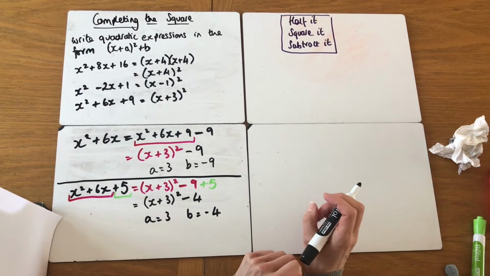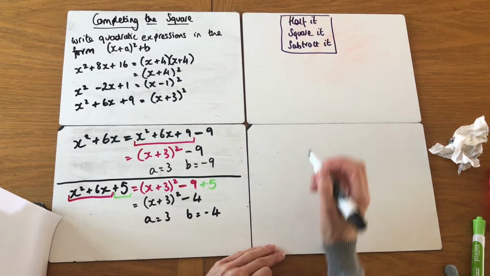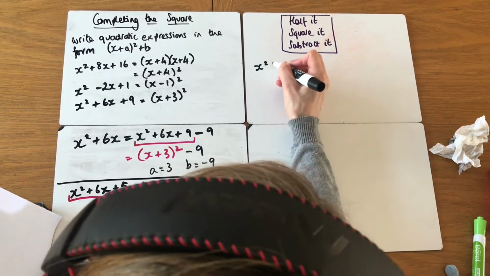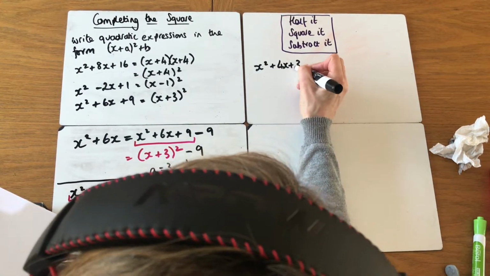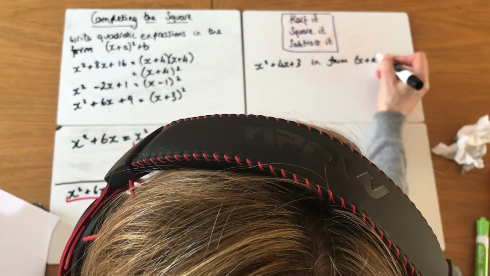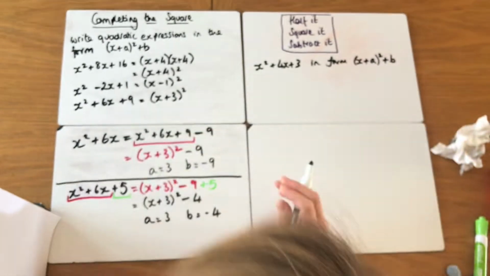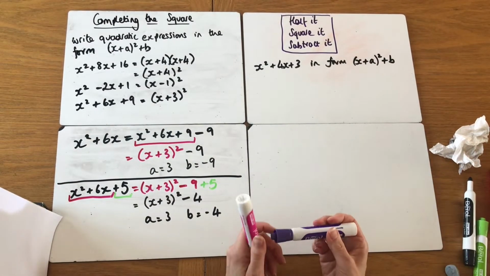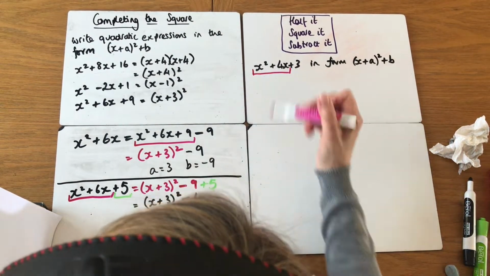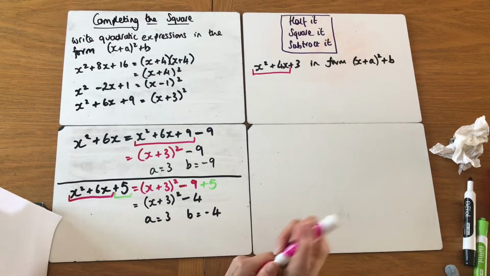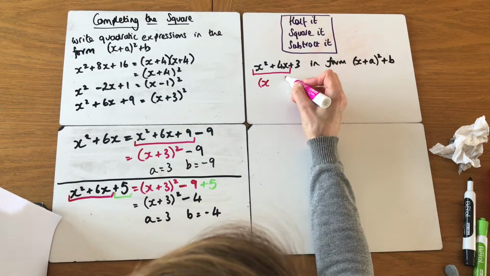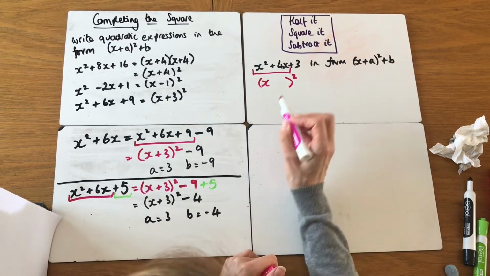Right, let's go through another one of these and you can write it down in your notebooks. So if I'm asked to write the expression x squared plus 4x plus 3 in the form x plus a all squared plus b, I'm going to go through my halve it, square it, subtract it. So I'm just starting off by looking at the first two terms, x squared plus 4x. So I write down my x inside my bracket with my squared, and I think halve it.